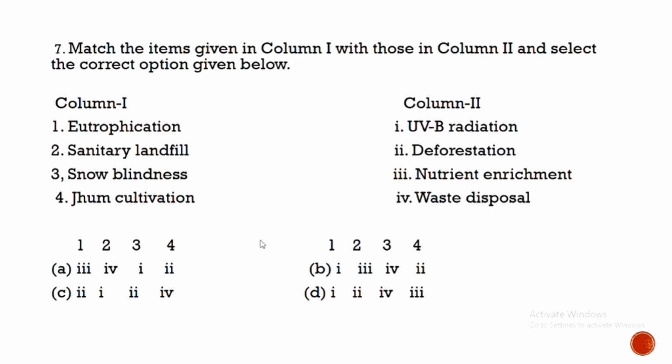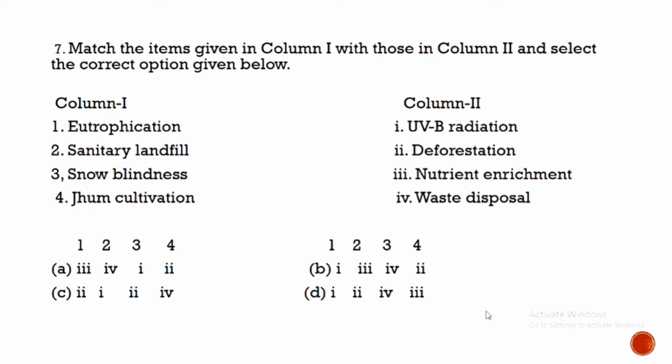It is the nutrient rich condition of water bodies containing an excessive population of phytoplanktons. When the pond environment has an excessive population of phytoplanktons, the pond environment becomes nutrient rich, and that condition is known as eutrophication.